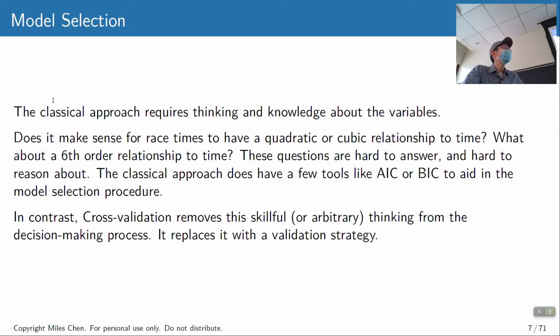But we know that that is not necessarily the best strategy, and sometimes a simpler, less complex model is better, right? And so the classical approach from 101A would be you'd do an F ratio test, or you'd at least look at the summary table. You'd look at the p-values related to each coefficient and things like that.